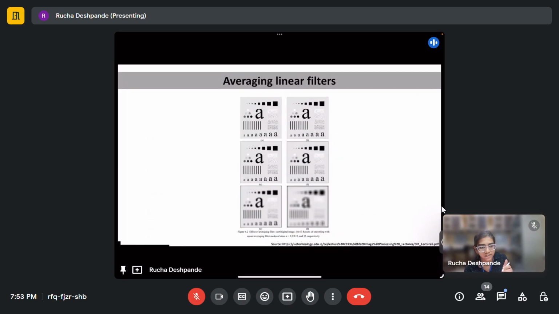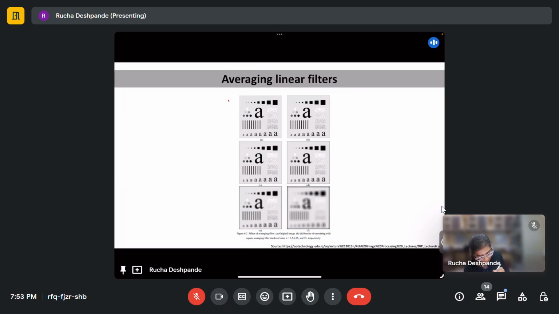This is another example of how different sizes of averaging linear filters make the image smooth. This is the original image. This is the image after 3 cross 3. This is 5 cross 5, 9 cross 9, 15 cross 15, and 35 cross 35.